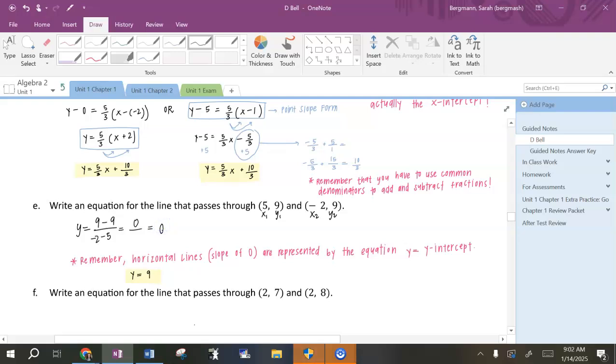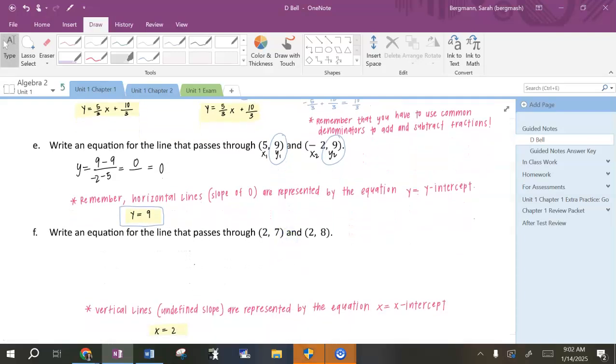So it doesn't even matter what the denominator is, it's 0. And earlier on in this lesson, we said that 0 slope is a horizontal line. So it's important for you to remember that when you have a horizontal line, you use the equation y equals the y-intercept. Or in other words, you're just going to look at whatever the y value is for every point is the y value that you have in your answer. So this one's just y equals 9.